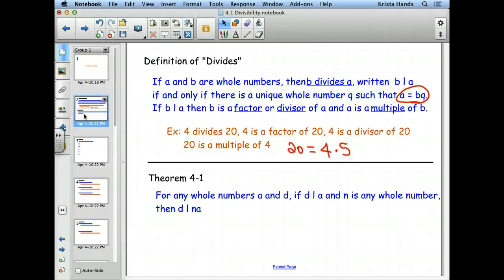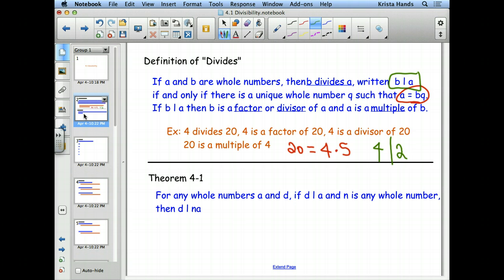The notation here is something that might take a little getting used to. This is not a fraction, right? This actually says B divides A. We read it just like that. In this case, 4 divides 20, so we would write this as 4 bar 20 if we were using that notation. 4 divides 20. That's how it's written.